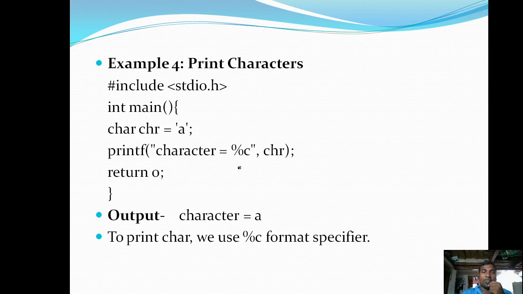Next, if you want to print a character, a character means any single alphabet or any single one-length character. It may be an A to Z alphabet, small or capital. Anything, but it must be only one.